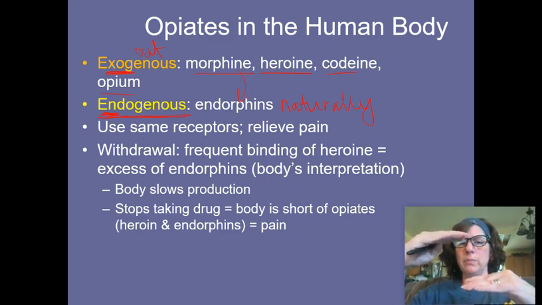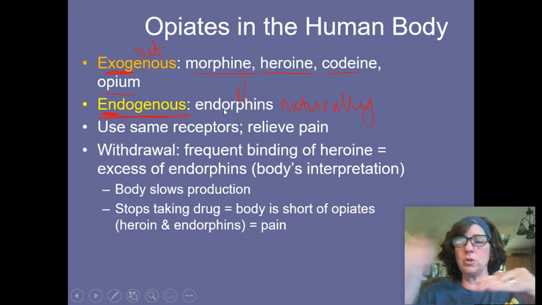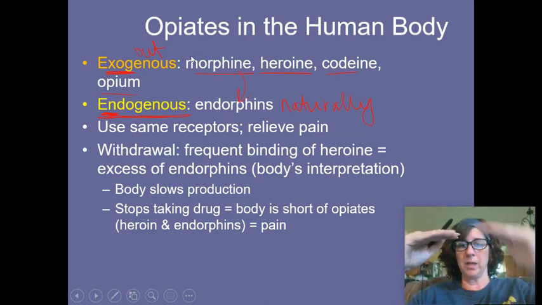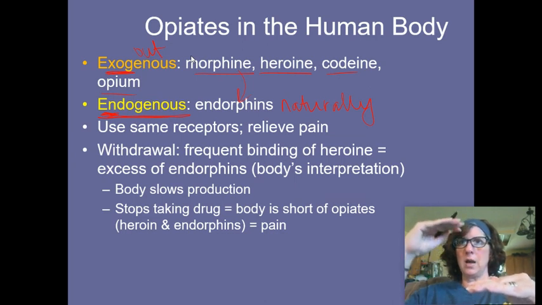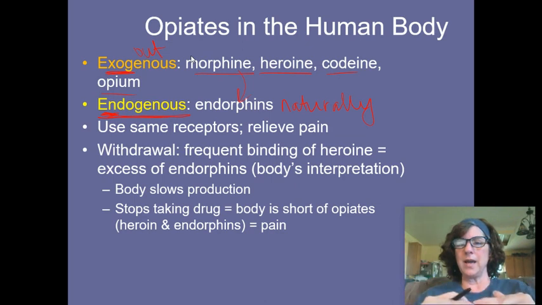Now I'll take it to the point of, okay, I've got to come off this drug and not have this drug anymore, and you stop using that. Now I've completely eliminated my natural endorphins. I've taken the morphine and I'm addicted to it. Now I completely eliminate that. You have nothing to relieve pain.